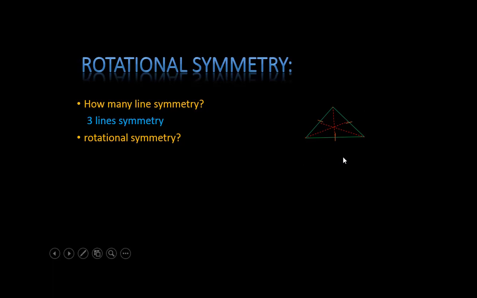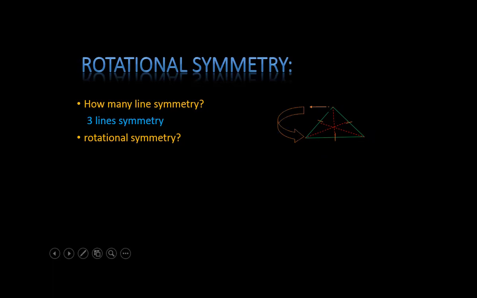Rotation means we can rotate this shape. If we rotate this shape like this, definitely it will be here. Let's rotate this. Just imagine that we are rotating this shape, turning and changing the position.